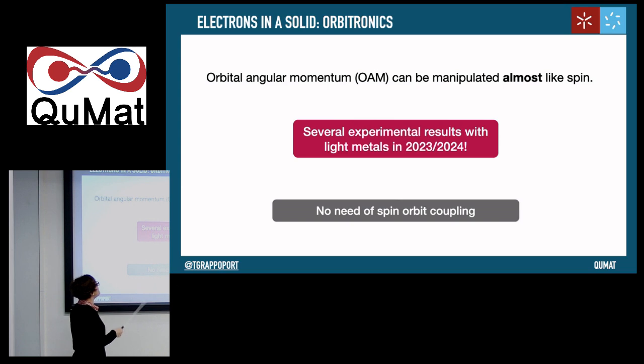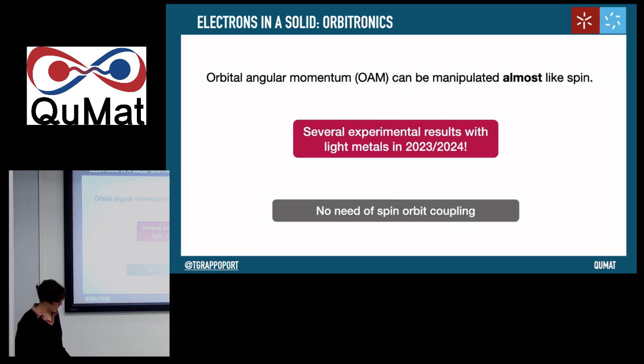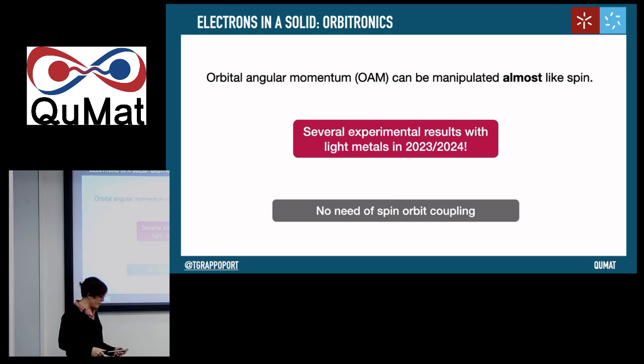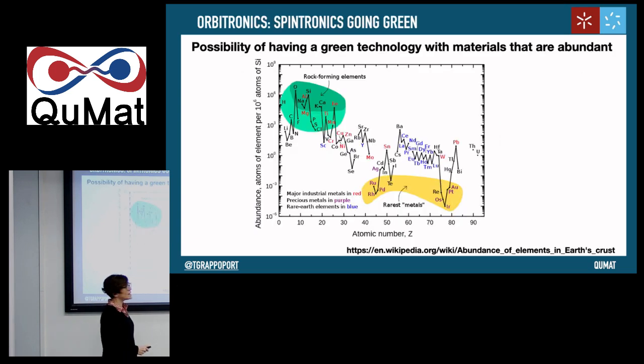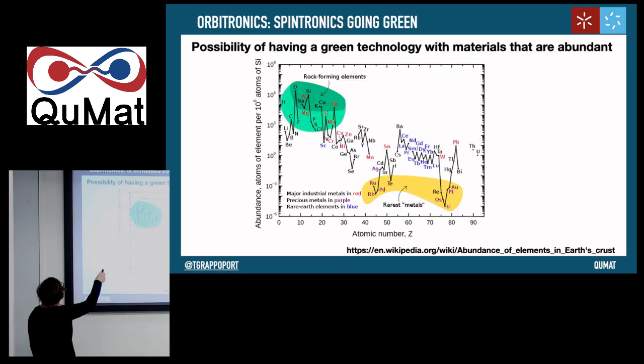So you can bypass the need to use spin-orbit coupling, and this has some practical implications, because then you don't need heavy elements that are very scarce and difficult to extract. And this can be seen in this plot of the abundance of atoms as a function of the atomic number and in log scale.